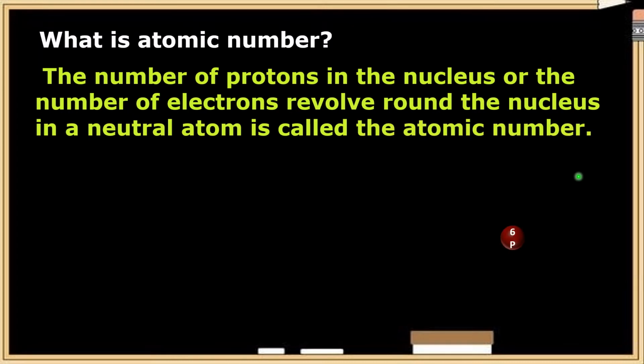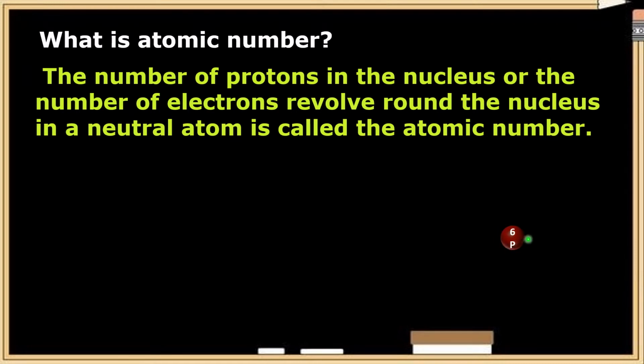Isn't it? See here. This is a nucleus, containing 6 protons, and neutrons also lie in the nucleus, but here I am not showing the number of neutrons present in the nucleus. Protons and neutrons of an atom lie in the nucleus, isn't it? And electrons revolve around the nucleus.